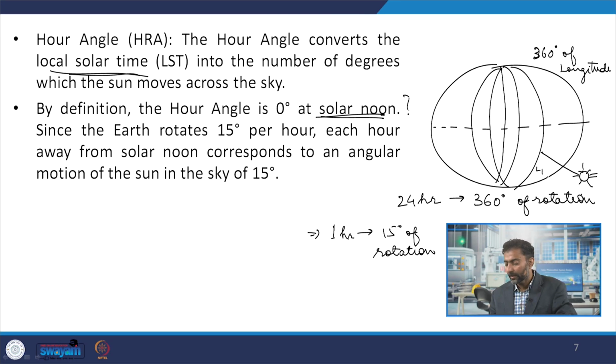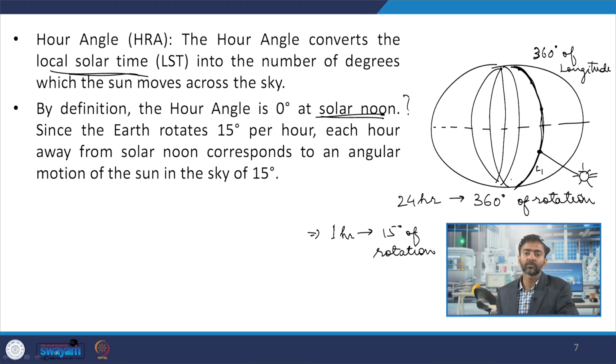So at some point of the day, the sun is overhead this longitude L1. Now at that instant, for all locations which are at this longitude, that is the solar noon. You need not be at this location. Even if you are here or near the North Pole or near the South Pole, for all the locations on this longitude, that is the solar noon when the sun is directly overhead on that longitude.